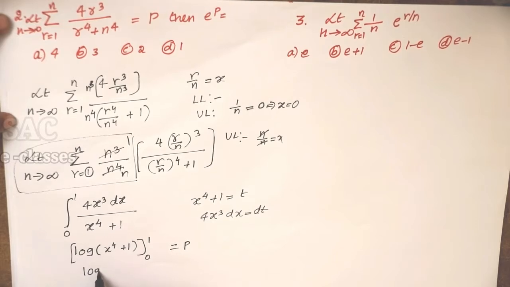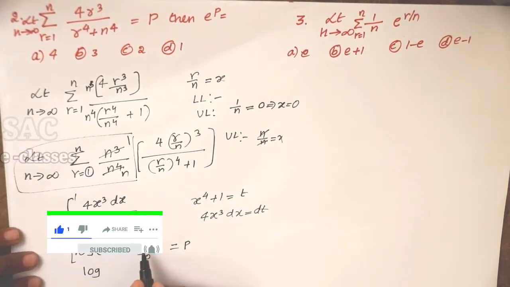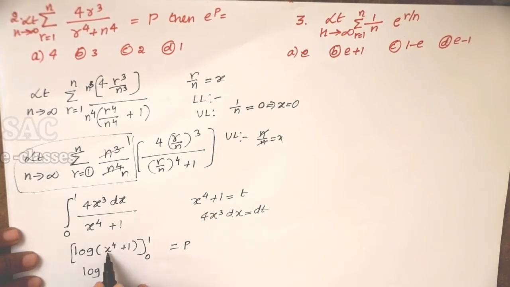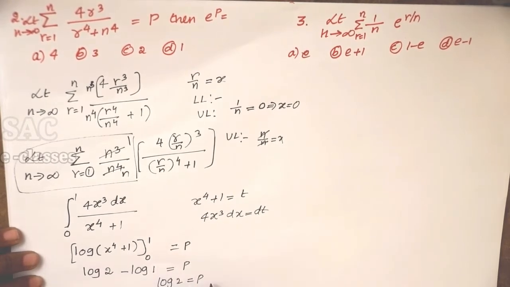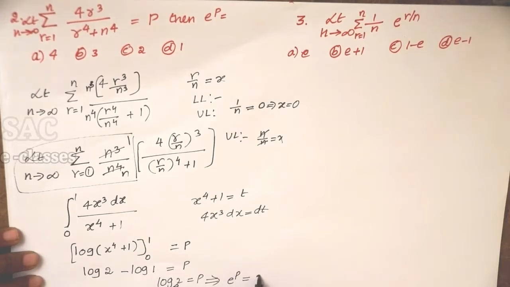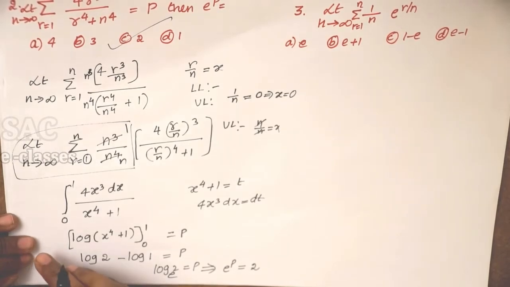Log of, apply the limit now, upper limit and lower limit: 1 power 4 plus 1, which is 2, minus log 1 equal to p. We know log 1 anyhow is 0. So log 2 is equal to p. Convert into exponential form. E power p is equal to 2. Then the answer is 2. Let's move to the next problem.